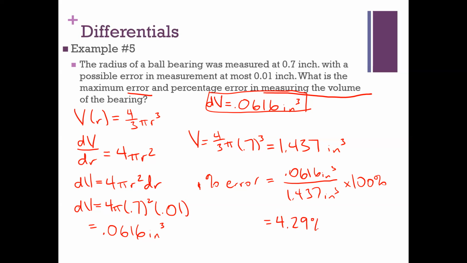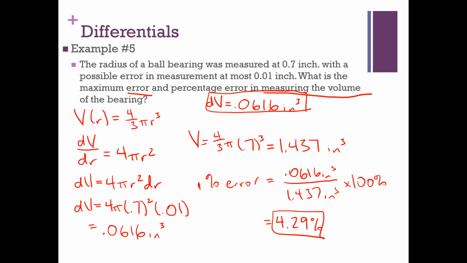That's about 4.29%. I'll stop right there if everybody has any questions or any rebuttals on my terrible thumb calculator.